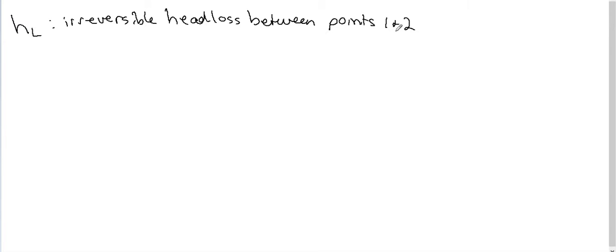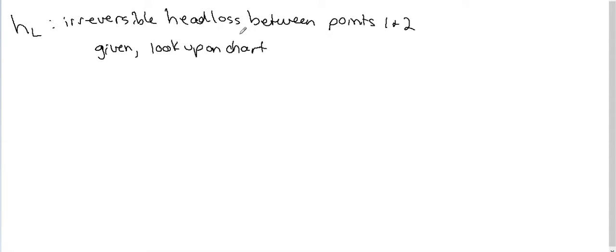That's due to all the components in the system that have some sort of losses as a result of friction or things like that. And you'll either be given that in a question, or you look it up on a chart. But for the purpose of this explanation, we're just going to be given it.